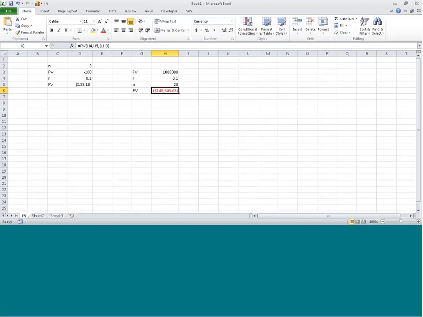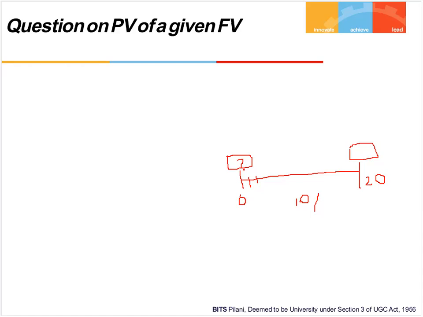We could use the same formula that we have discussed previously. We could say present value equal to future value, that is 1 million, into 1 plus R to the power minus N. Or you could say future value divided by 1 plus R to the power N. Please note that.